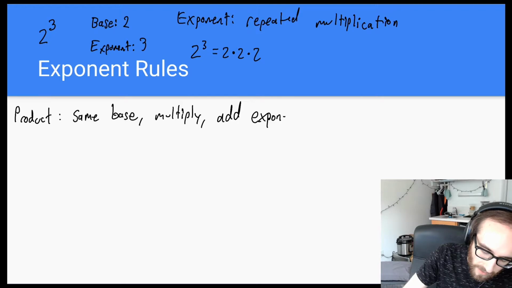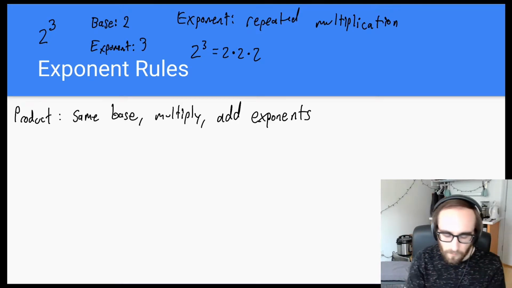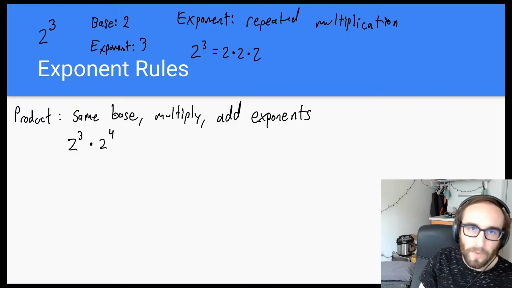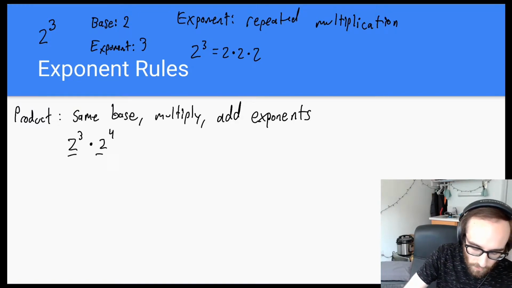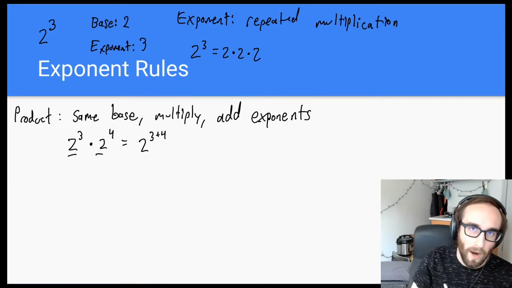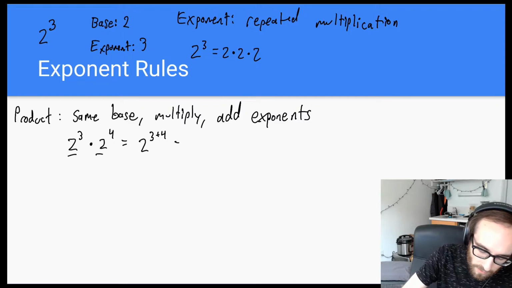So if we have 2 to the third power times 2 to the fourth power, because we have the same base, we can rewrite this as 2 to the 3 plus 4 power. We can add the exponents. In other words, we get 2 to the 7th power.